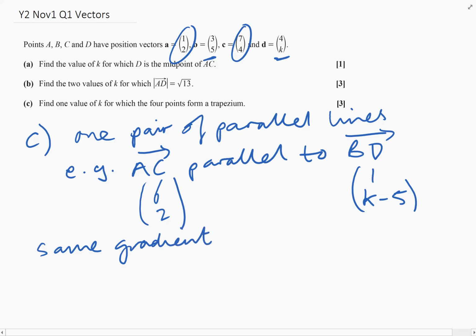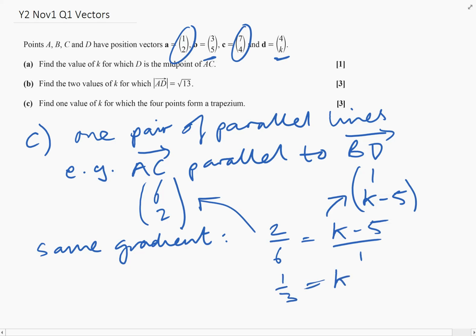So the gradient of AC is 2 over 6, which is obviously a third. The gradient of BD is (k minus 5) over 1, and so we've got 1/3 equals k minus 5.